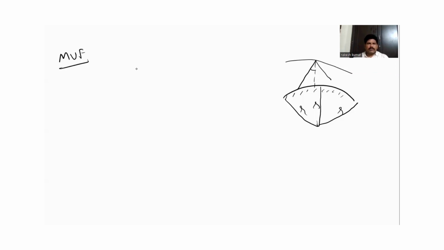So let us take this. For example, this is my earth surface. This is the transmitting antenna. This is the receiving antenna. This is the ionosphere.